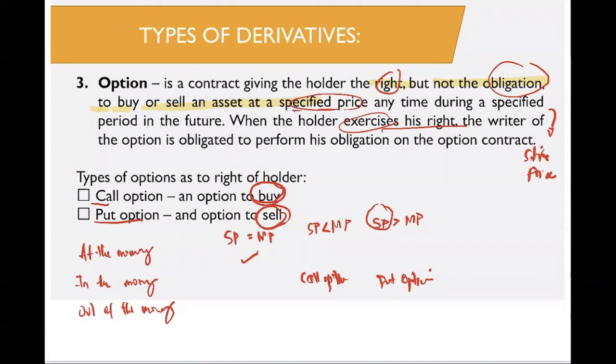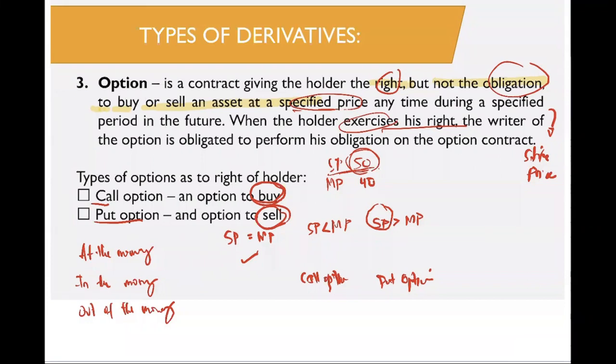So, if you have the option to sell, let's say your strike price is 50 and the market price is 40. So, what will you do? Of course, ibebenta mo yan. Kasi nga, doon sa option mo, you can sell it at 50. Pero, kung ibebenta mo lang sa market yan, 40 siya. So, what do you do? Pag strike price is greater than the market price for a put option, we call it in the money.